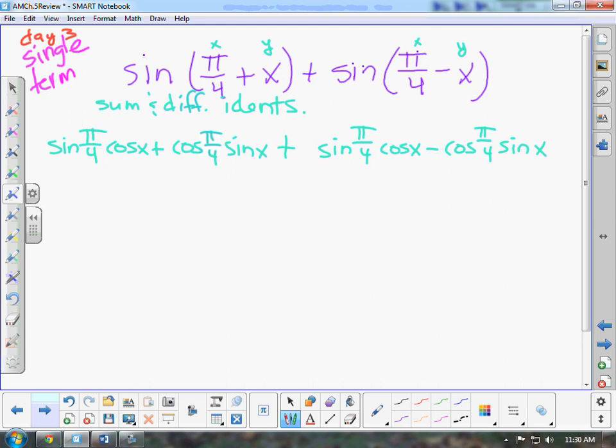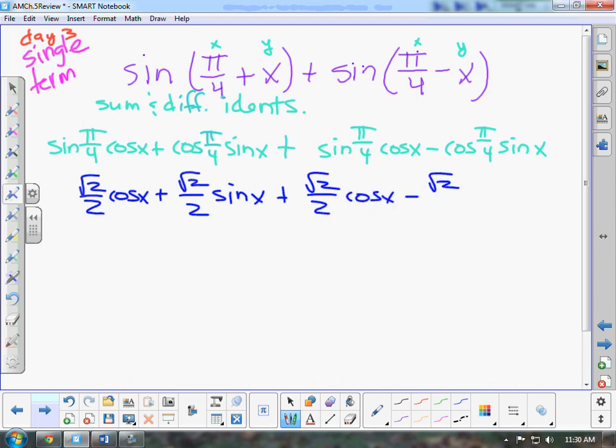At this point, you can simplify these as much as possible. Sine of pi over 4 is the square root of 2 over 2, so we have square root of 2 over 2 cosine x plus square root of 2 over 2 sine of x, because cosine of pi over 4 is that as well, plus square root of 2 over 2 cosine of x minus square root of 2 over 2 sine of x. From this, those cosine terms can be added together.